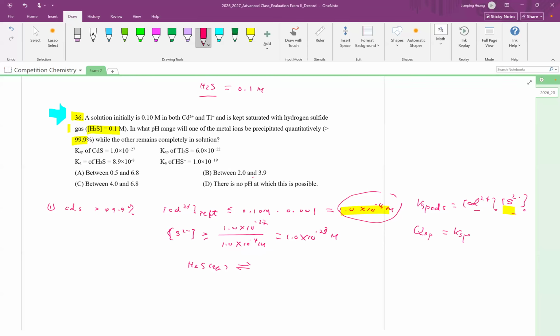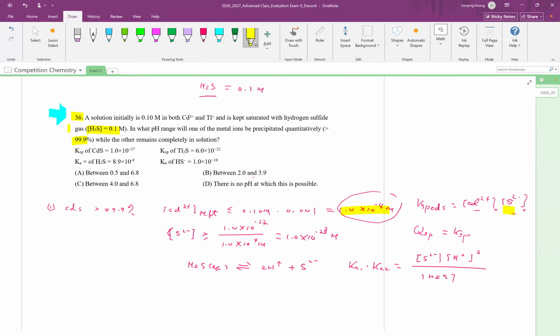H2S in aqueous solution. Now, in the aqueous solution, the equilibrium is not like this, okay? But for calculation purposes, we can. So which equals what? Ka1, Ka2. Right. So in this case, do we know this one?